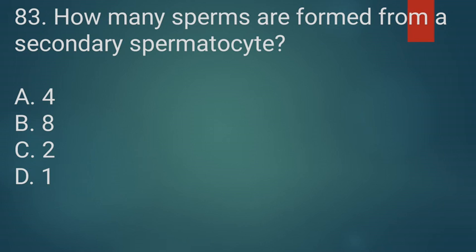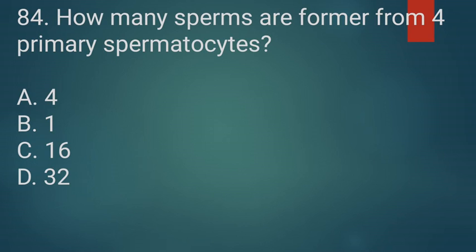As I told you earlier, again we have to recall the spermatogenesis. From secondary spermatocytes, we get only two sperms. That is option C. So option C is the right answer.